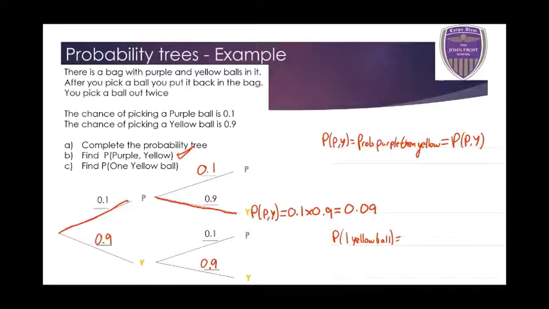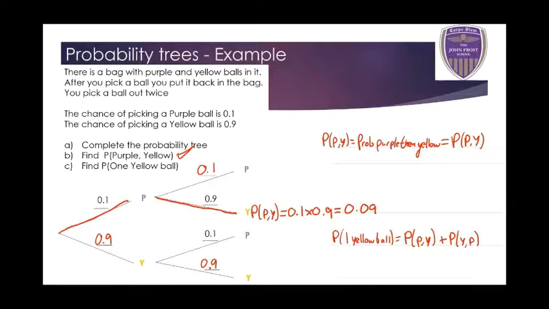There's two outcomes where we can get that: the first where we pick a purple ball first and then a yellow, and the second is picking a yellow ball first and then a purple one.